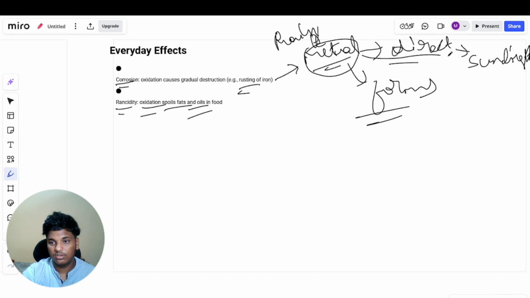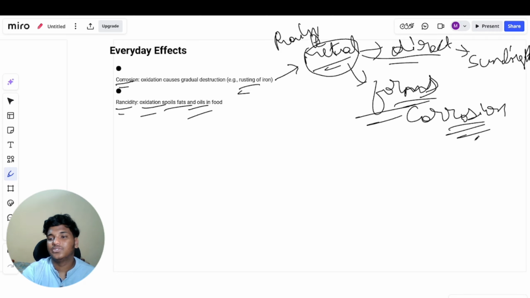This forms corrosion, that is, gradual destruction. So now we have learned how corrosion is formed. If you keep any metal or its alloy in direct exposure to the sun, and it also has exposure to moisture due to rain, it will form corrosion. The metal will corrode.